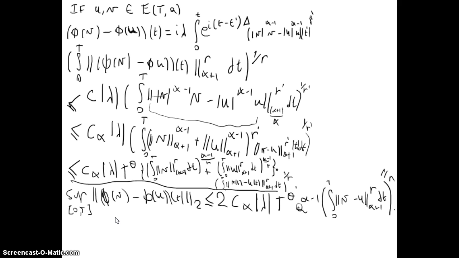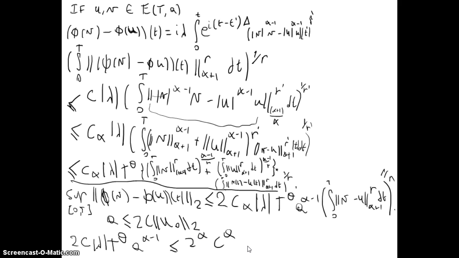So once again, if we choose A less than or equal to C u naught 2, okay, and using the inequality that we had before, we have 2C lambda t theta A alpha minus 1 less than or equal to alpha C alpha lambda t theta u naught alpha minus 1 2, and this will be all because of the inequality that we had in the last video, less than 1.